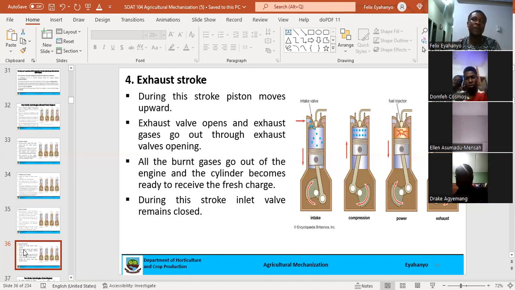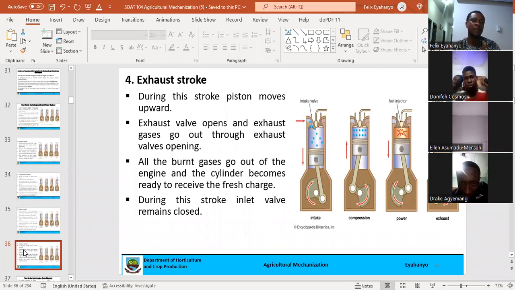If you had problems with your spark plugs, when you start your car it will not start, and it will make that kind of noise we normally hear. Then you might open the engine to check what's happening. And if there's no fuel in the car, you should understand that the car is not going to start, because your first stage will not work: there's no fuel for you to even get to the compression stage. So these are all that is happening inside.